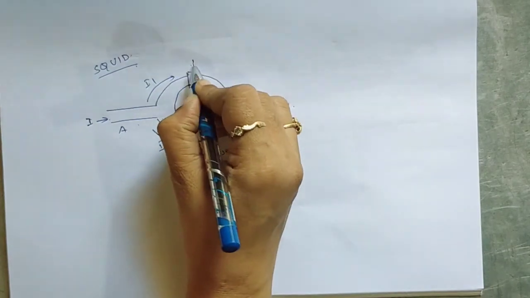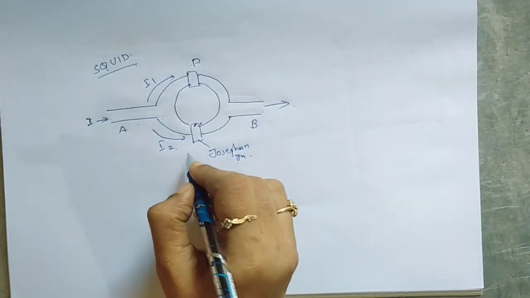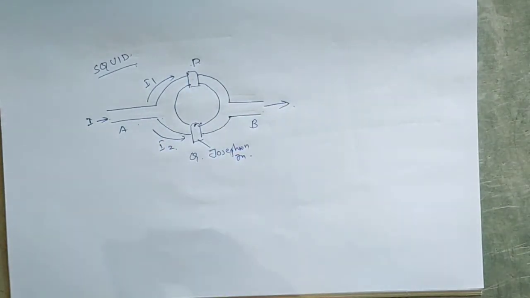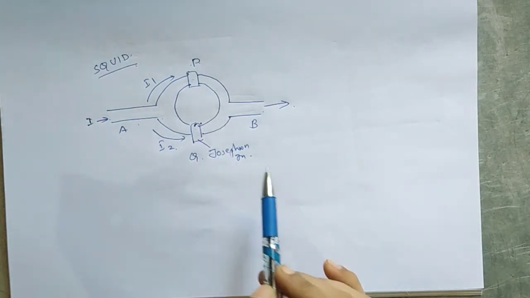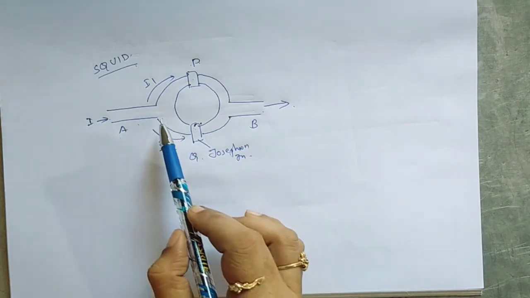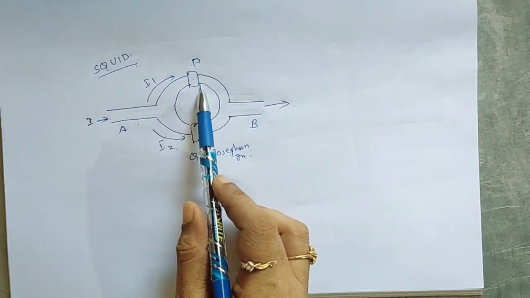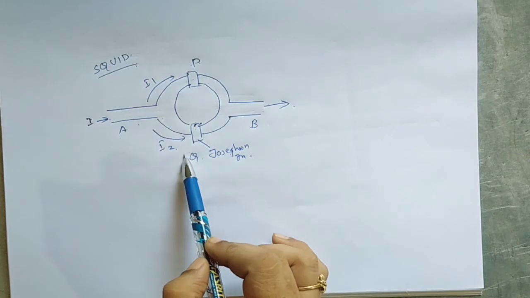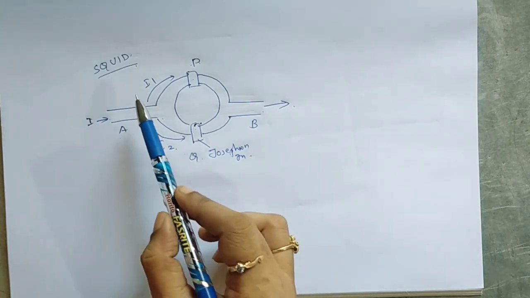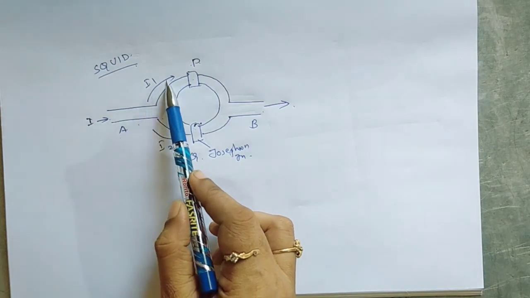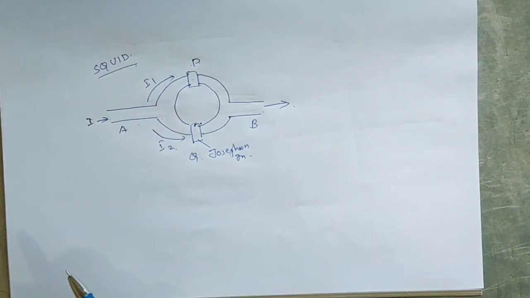And this is the insulating layer P, and Q is also an insulating layer. In general, they have different thicknesses. Let the currents flowing through these layers be I1 and I2, and both I1 and I2 vary periodically with the magnetic field.